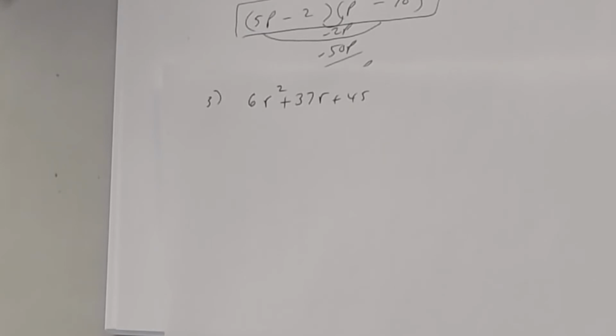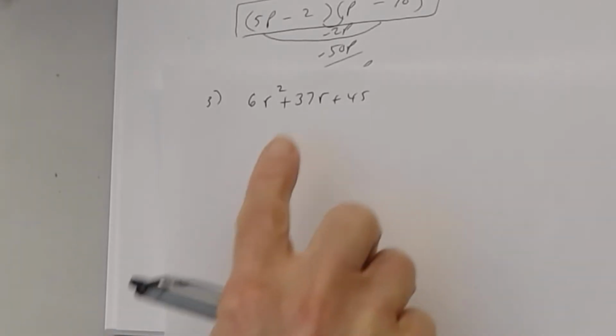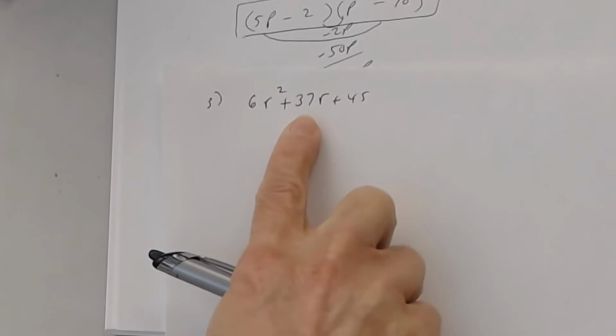What's the GCF? If you say the GCF is 3, then you're indicating that 3 times some whole number is 37. It's not. 37 is not divisible by 3. What's the GCF? 1. GCF is 1.